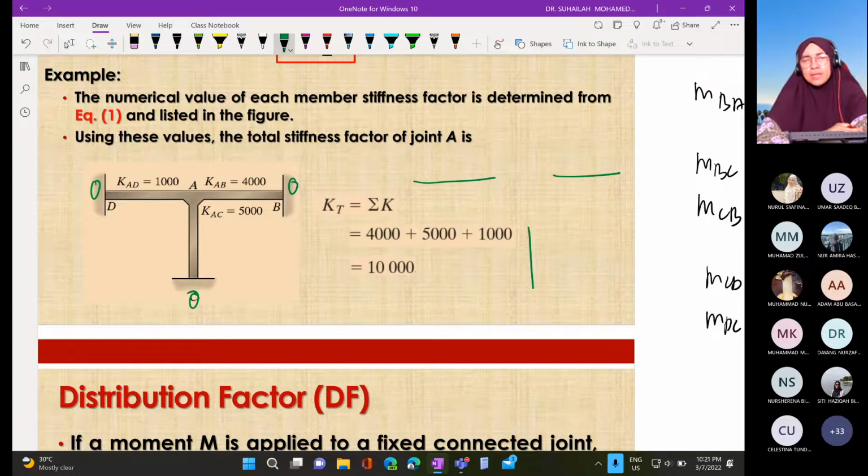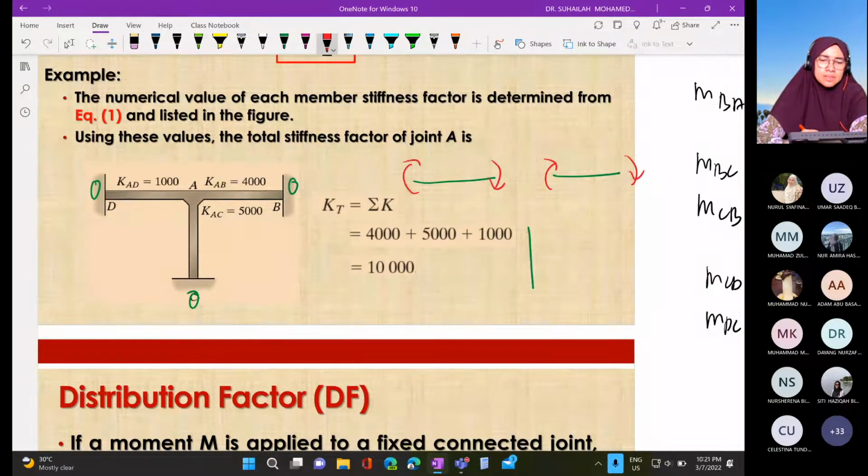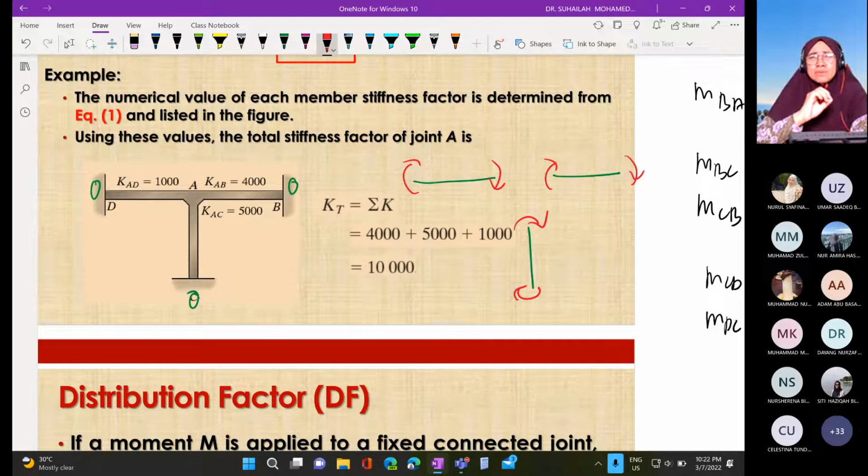When there are 3 elements, there are 6 end moments, based on the sign convention, so there will be 6 distribution factors.